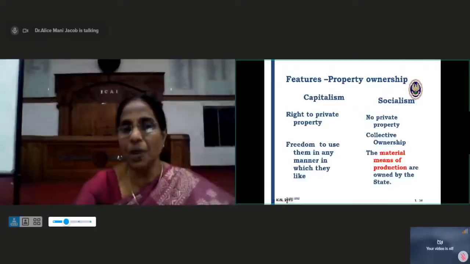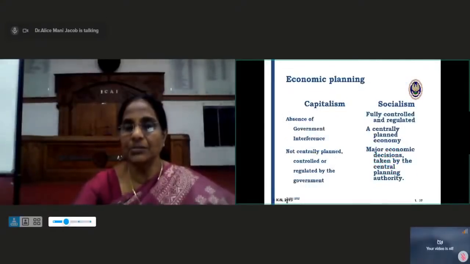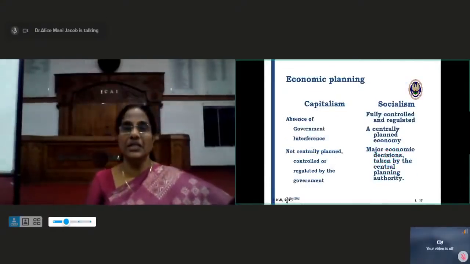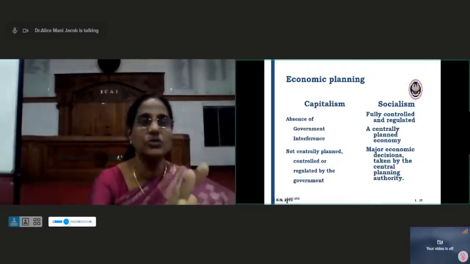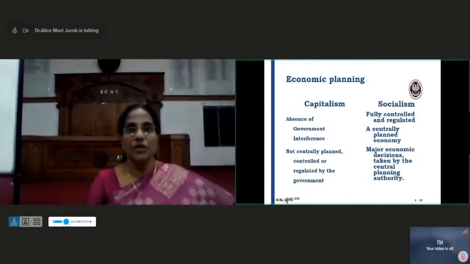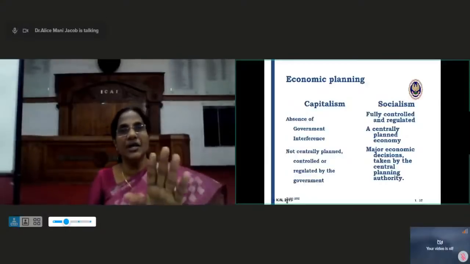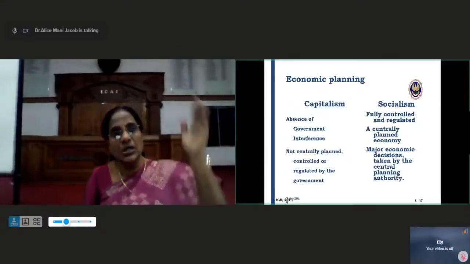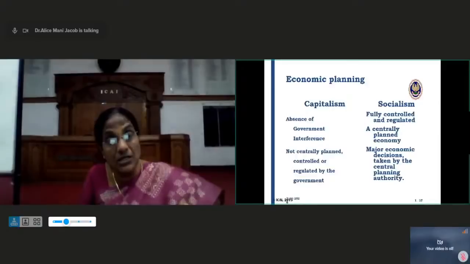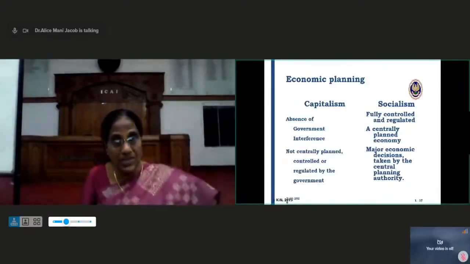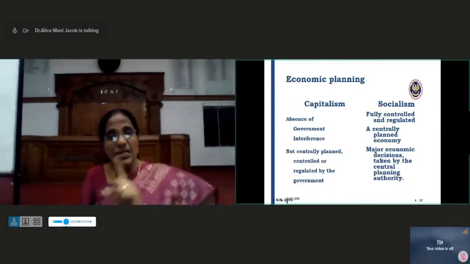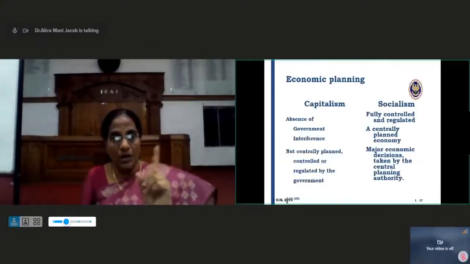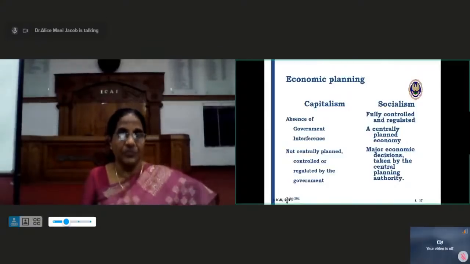Absence of private property, then absence of government interference in capitalism. The government is just leaving everything to the market. If consumers want blue chairs to be produced, the market will get the pulse and the market will produce blue chairs. So it is not a centrally planned economy or regulated economy.